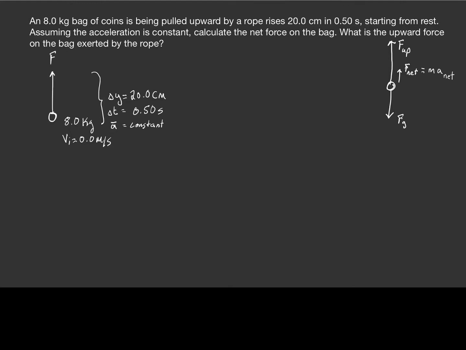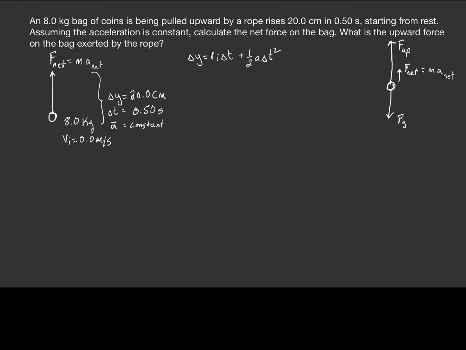All right. So over here on the left side, what we're really figuring out right now is the net acceleration. That's what we are figuring out. And so that would be mass times whatever we determine our net acceleration to be. Okay? So for the vertical change in position, we know that we would have delta y equals vi delta t plus 1/2 a delta t squared.